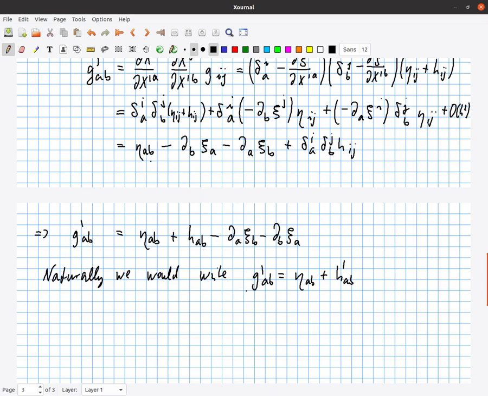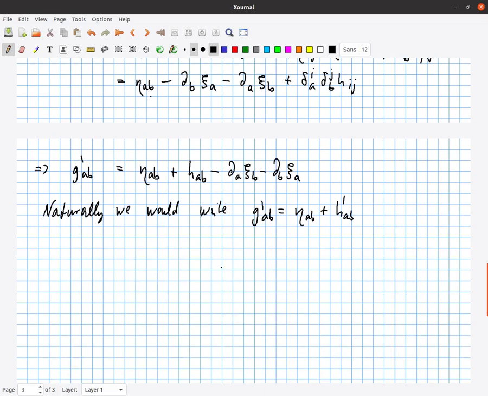If we had started in the prime coordinate system and you went back to the beginning of this section of weak gravity, we would have simply said g prime is eta plus h prime, because the prime is just a label. As we cannot distinguish different coordinate systems, we thus have that h prime AB is related to the original h by this.